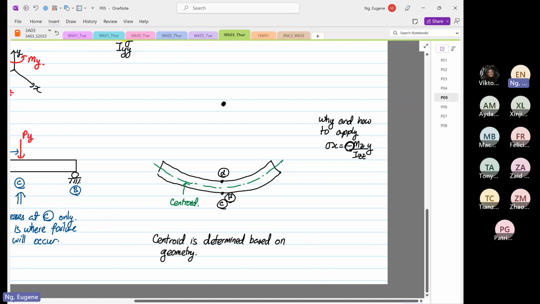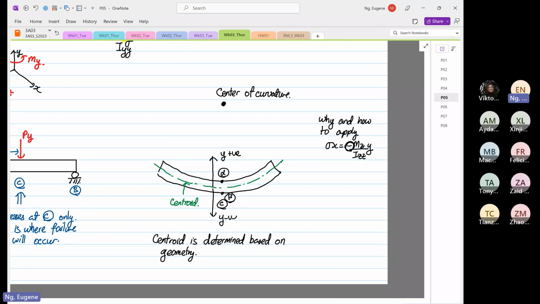And we know that at a certain point over here, this is known as the center of curvature. When from the centroid, if the geometry is going towards the center of curvature, y is positive. When the distance is going away from the centroid, away from the center of curvature, y is negative.